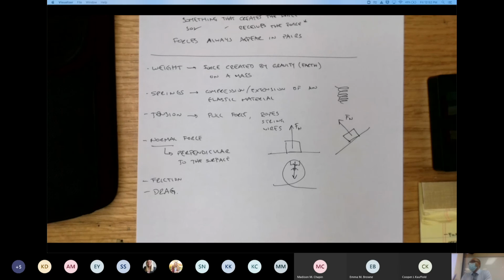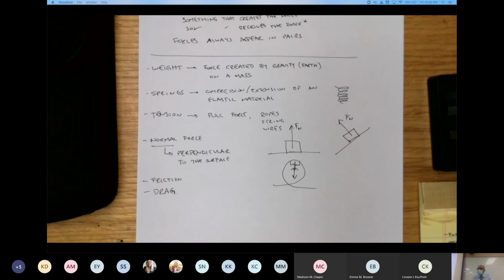Friction is between usually two objects or different types of matter. When I describe it, you use the word drag, because as they move across each other, depending on how smooth or porous the surfaces are, they'll have more or less friction or drag. So what would be the difference between friction and drag?